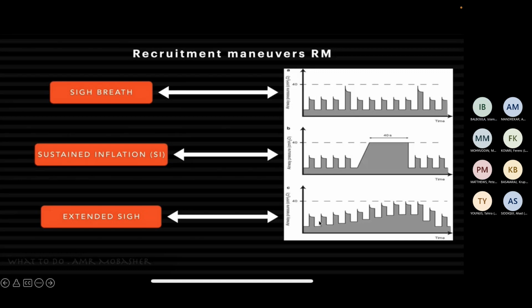Another way we call the extended sigh. You can see this is the PEEP level, and this is the peak airway pressure. We can increase the PEEP incrementally every 2 minutes, keeping the driving pressure the same at 15, for example, and continue escalating.